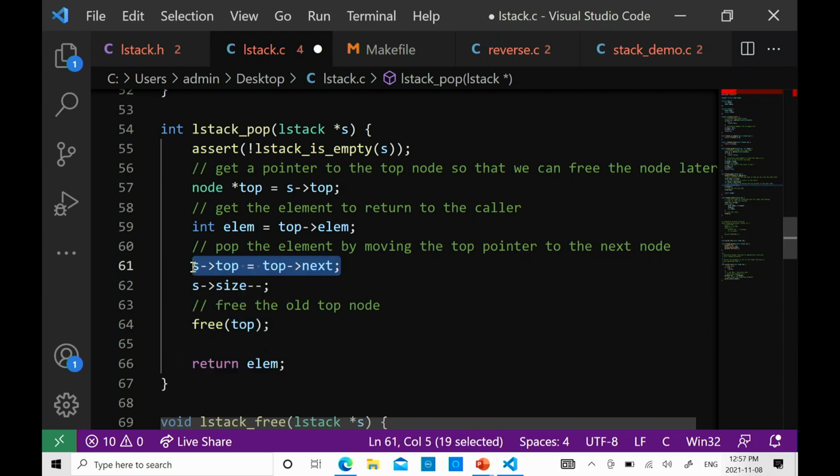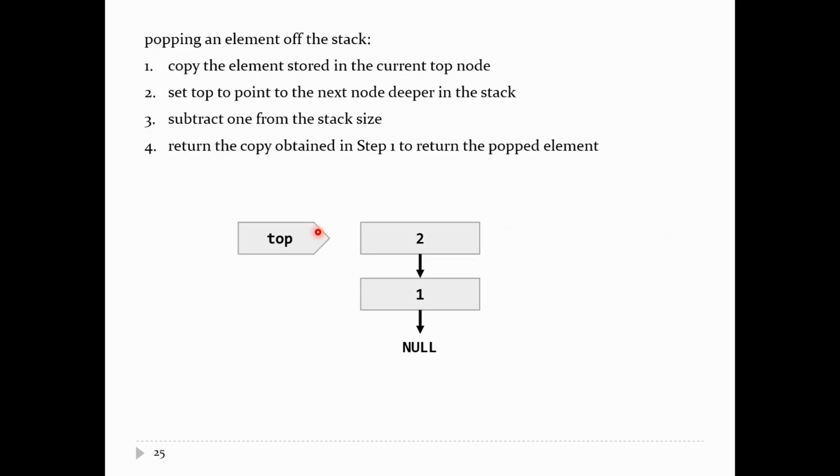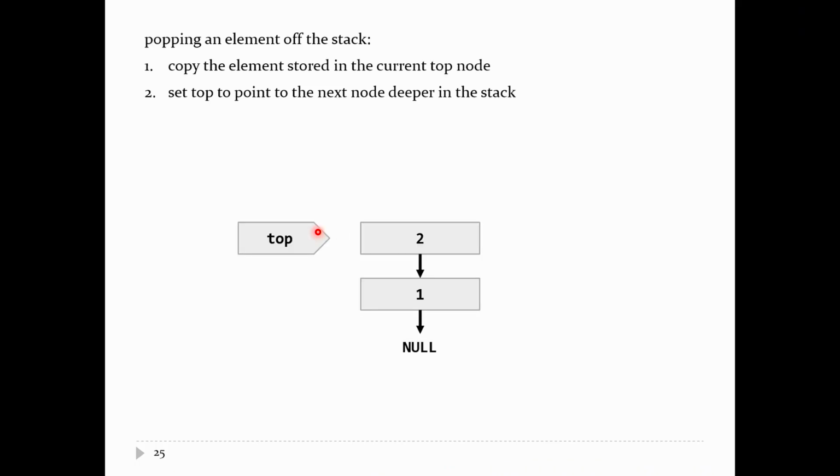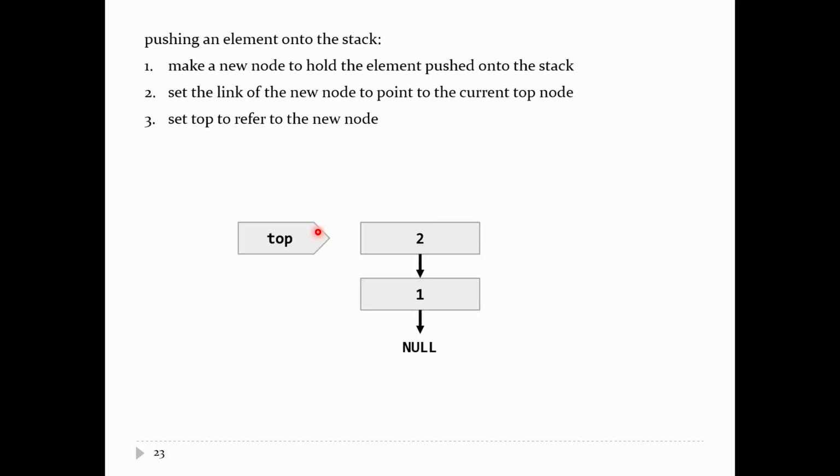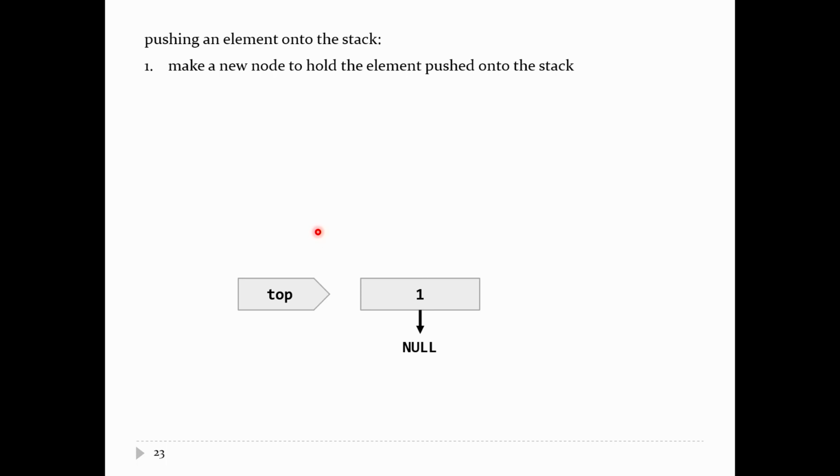The one thing you have to wonder about is whether or not this is correct when the stack only has one element in it. So I need to get a stack with one element. Okay, here. If I pop that stack, and I set top to be equal to that node's next link, what do you end up setting top to?